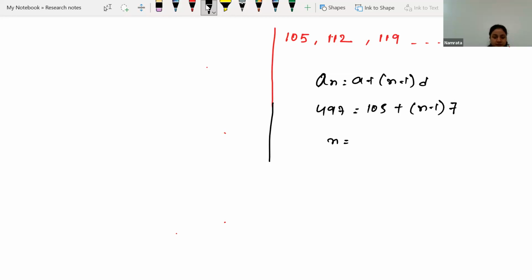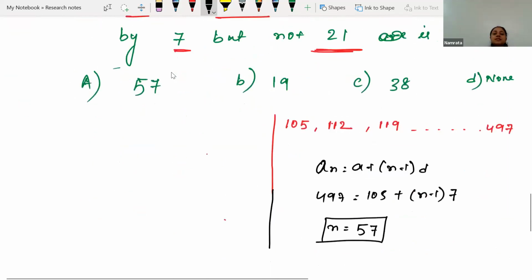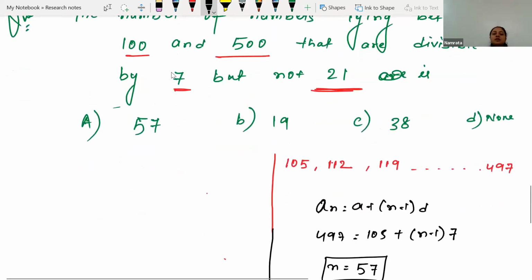57. Perfect. So in between 100 to 500, there are a total of 57 numbers which are divisible by 7, right? Right, Lina? Yes, ma'am. Here only there must be a few numbers which will be divisible by 21 also, right?